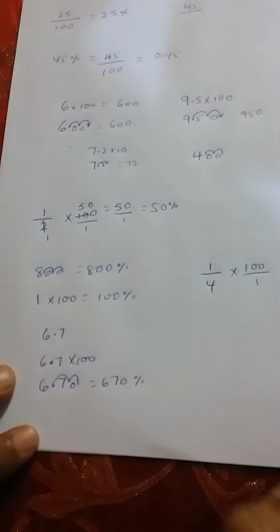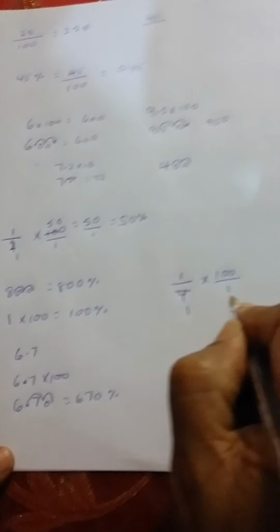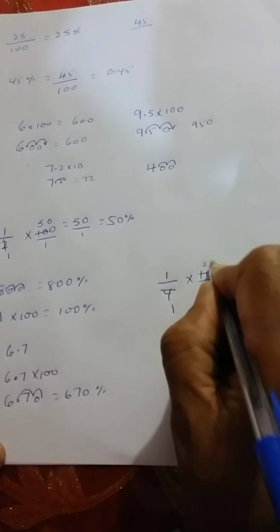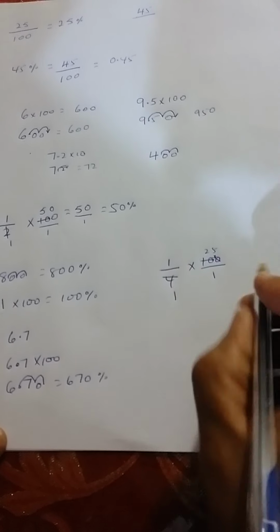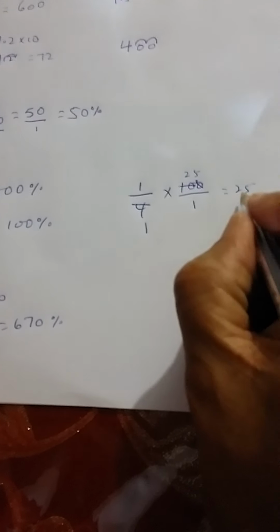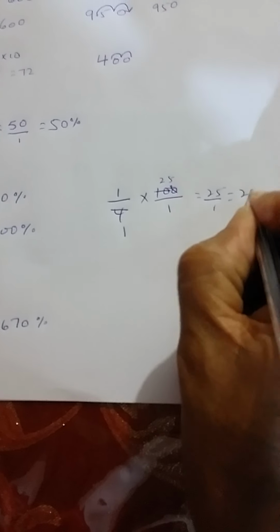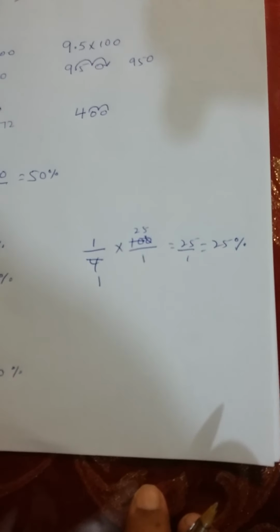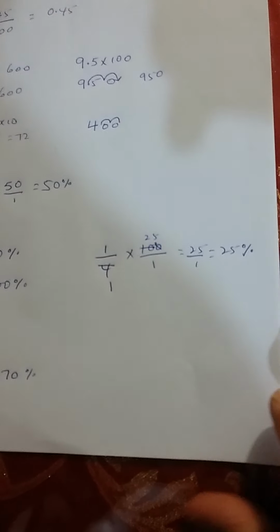We put it over 1. 4 into 4, 1. 4 into 10, 2, remainder 2. 4 into 20, 5. And 1 times 25 is 25, 1 times 1 is 1. So we get 25%. Right? So this is very, very easy stuff.